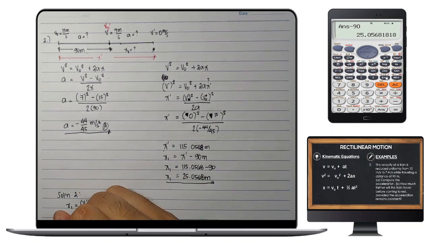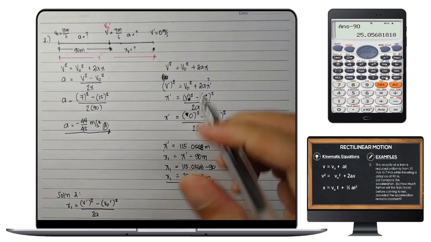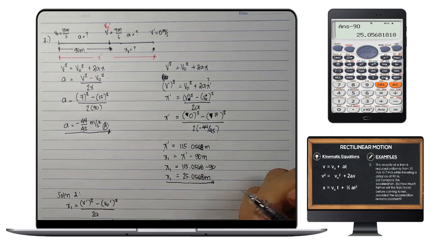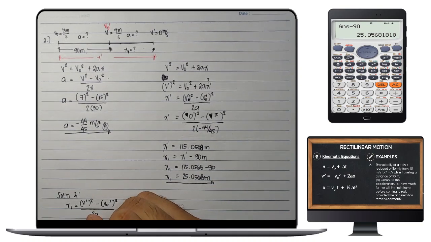So x sub 1 is equal to v1 prime, that is 0 squared, minus vo prime, that is 7 squared, divided by 2a. So 2 times negative 44 over 45.